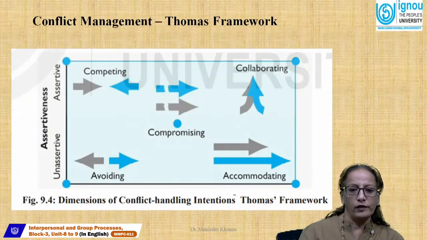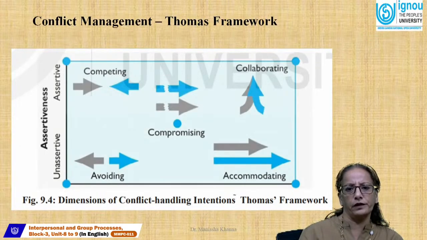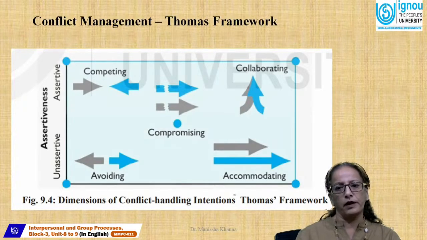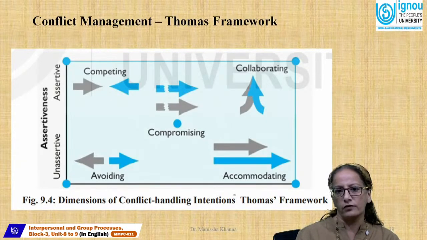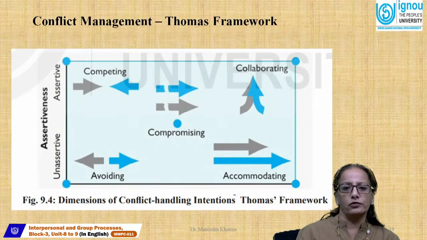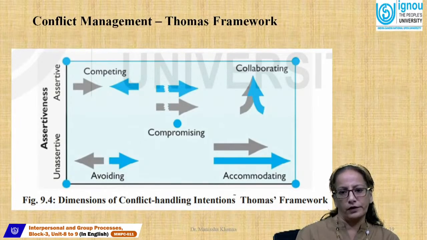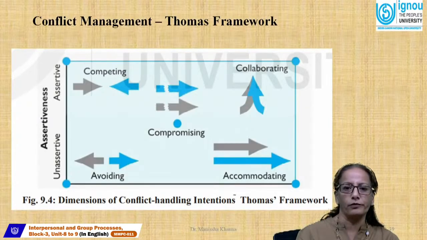Avoiding is when everybody is avoiding the conflict and setting it apart. Accommodating is when they are moving towards the same stage. Collaborating is beautifully shown by these arrows, where the two parties come together on the same strategy.